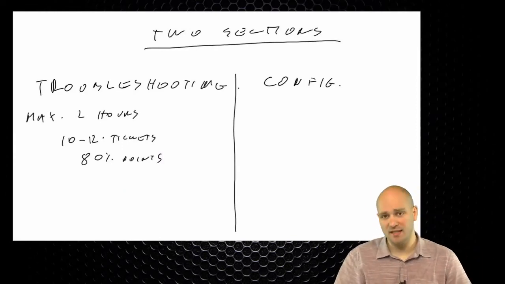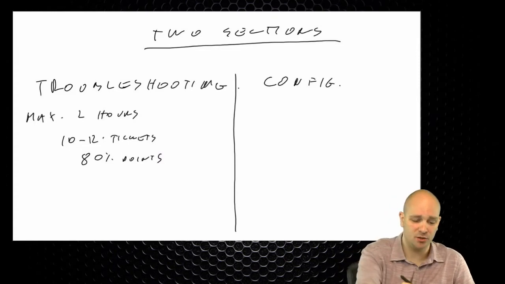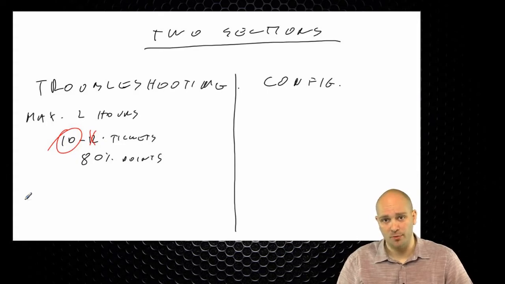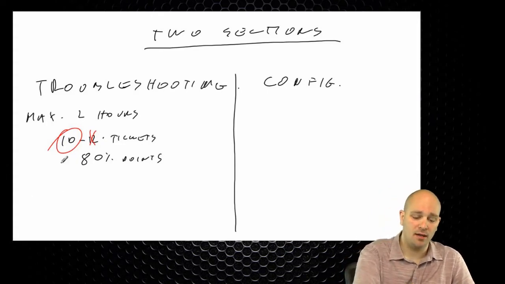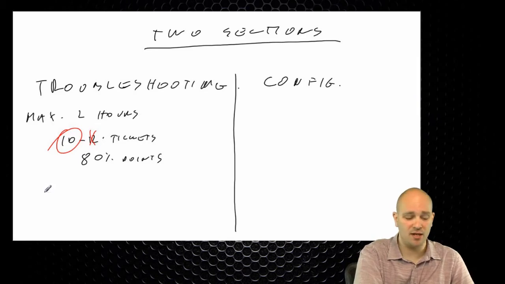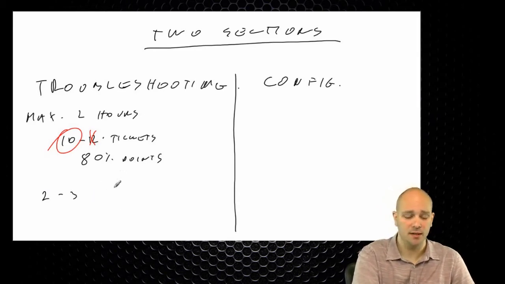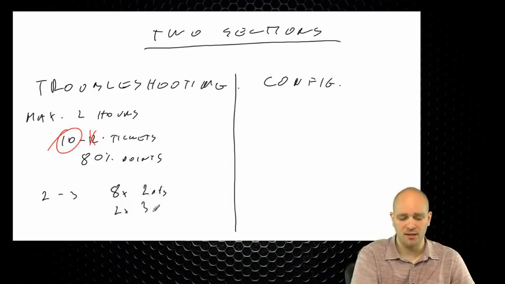A little bit less official information is that you are actually going to have 10 tickets, ranging in point value between 2 and 3 points. The most likely layout is 8 tickets that are 2 points and 2 tickets that are 3 points, giving you a total of 22 points.